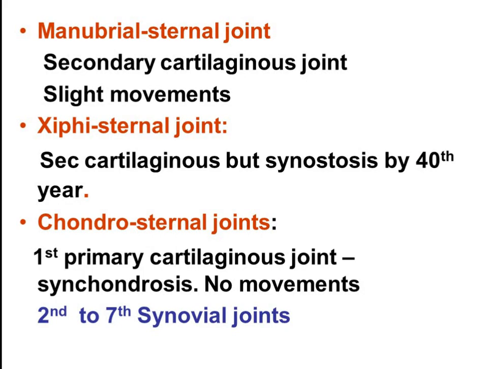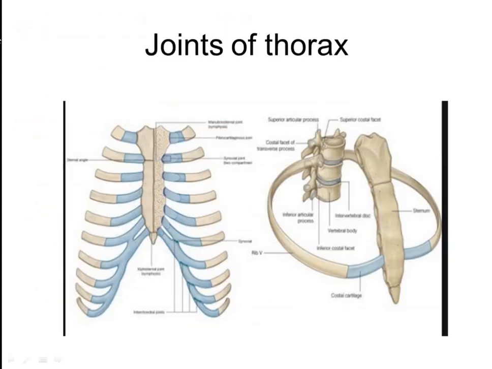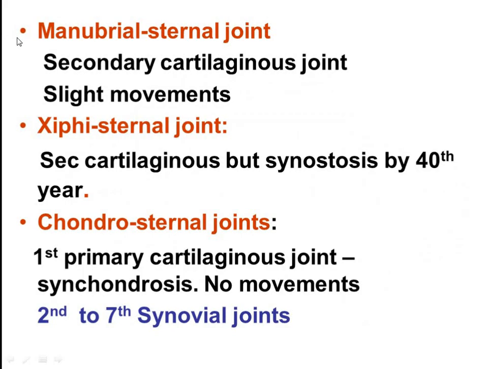Based on this, let's see what are the joints we are going to study in the thoracic cage. There is the manubriosternal joint between the manubrium sterni and the body of the sternum, which is a secondary cartilaginous joint.